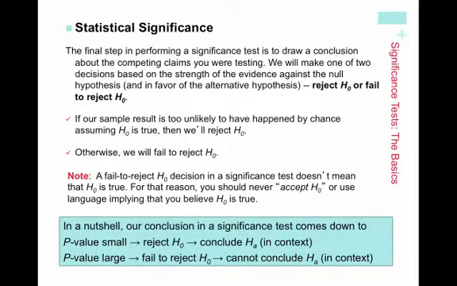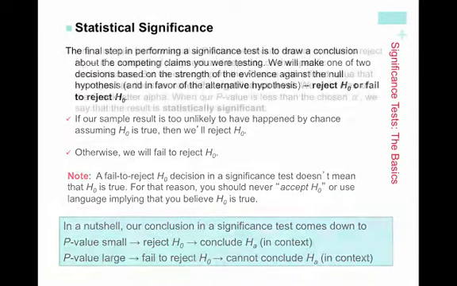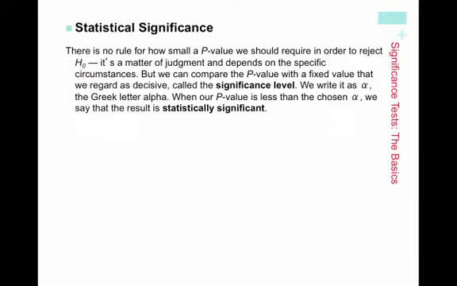In a nutshell, our conclusion in a significance test comes down to this. There's no rule for how small p should be in order to reject the null hypothesis. It's a matter of judgment and depends on specific circumstances.